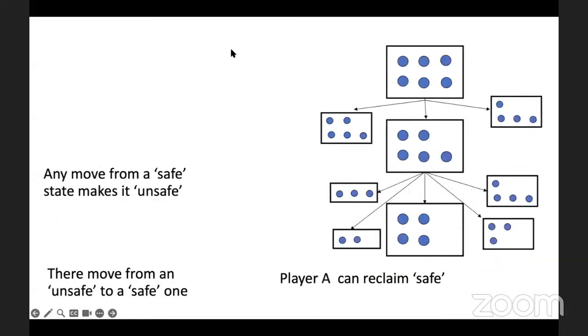Now let's walk through a small portion of the game tree we looked at before. That was a safe state for A. A has finished playing and left behind this board, and from here A knows they can force a win. From that state, anything that is done ends with an unsafe state.